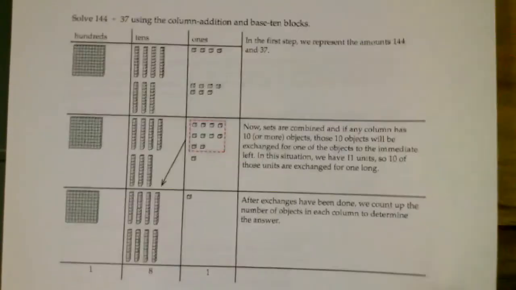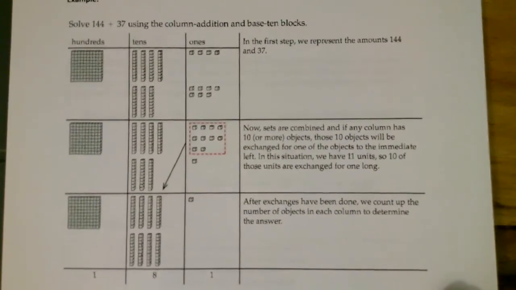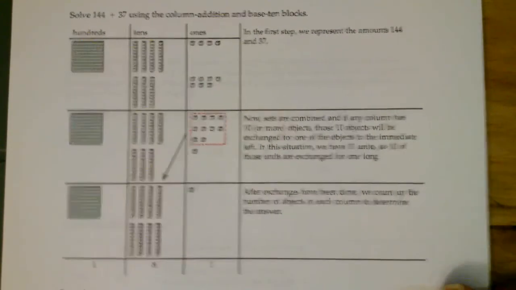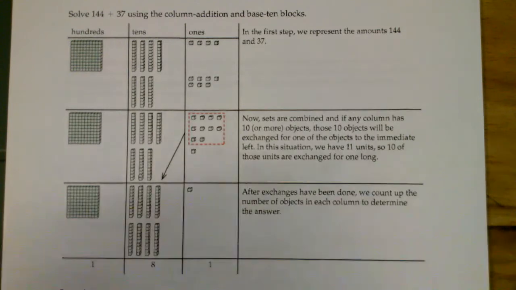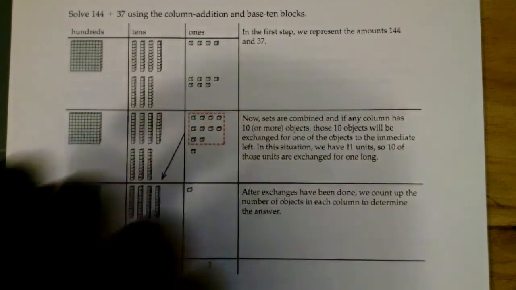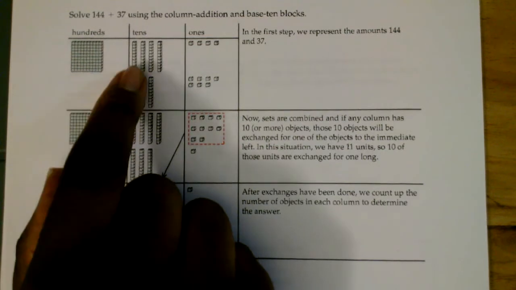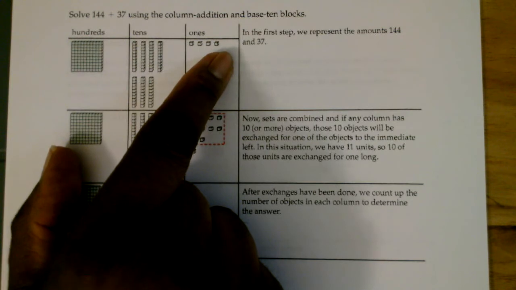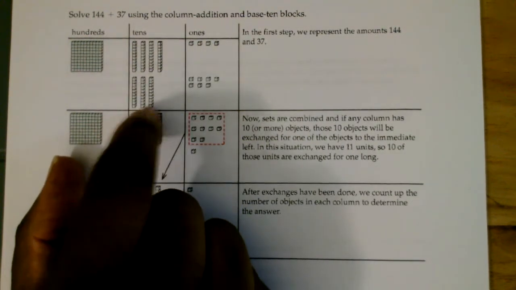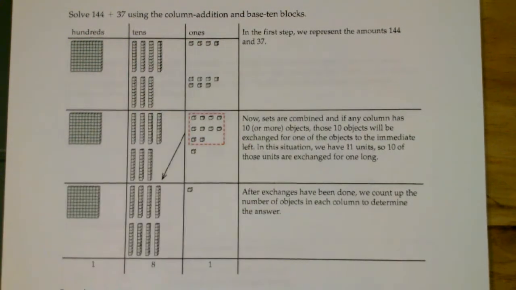So in this case here, if I wanted to solve 144 plus 37 using the column addition and base 10 blocks. Okay, so the first step, we represent the amounts 144 and 37. So 144 is going to be 1 flat, 4 longs, 3 unit cubes. 37 is going to be 3 longs and 7 unit pieces.